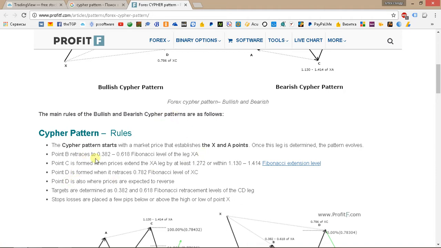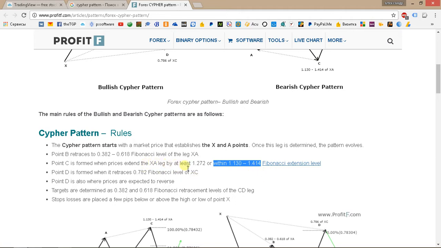Okay, point C is formed when price extends the XA leg. Yes, I agree, extends by at least 127. Yeah, here it is, at least 127. Or within 113, 1414. No, this is absolutely wrong.